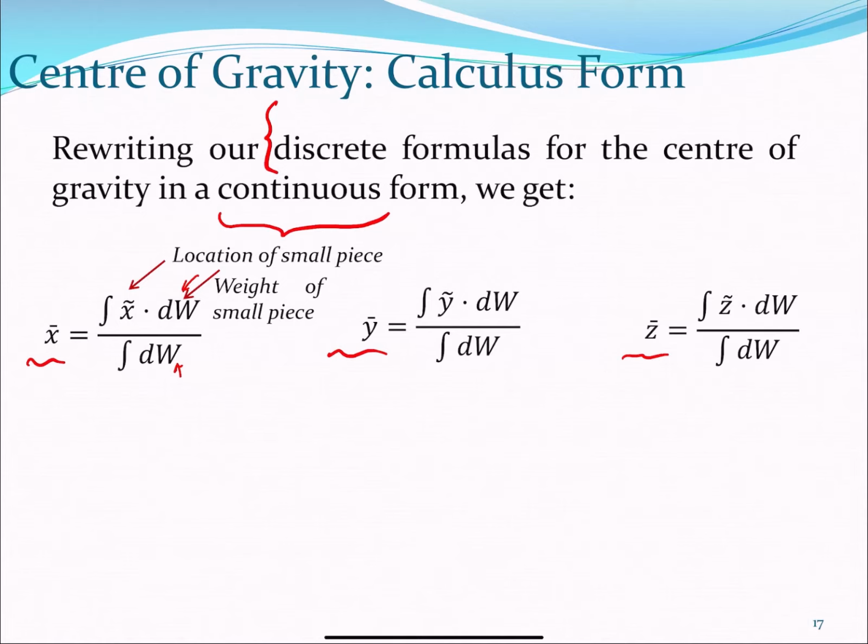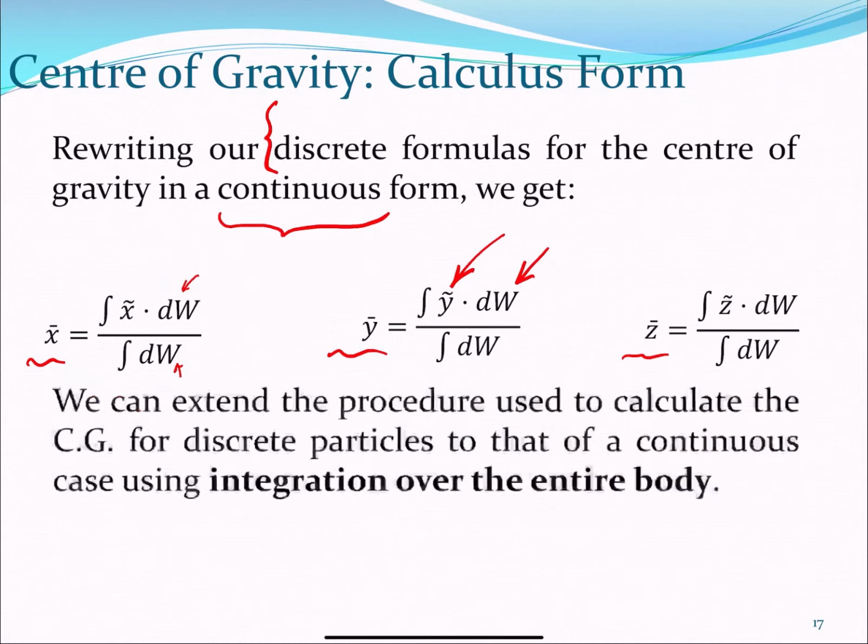Now take a look at these integrals. The position of the differential element is one of the straightforward quantities. In many cases, the differential of weight merits certain attention because of the way that we define it.